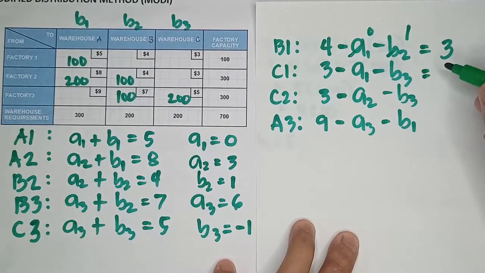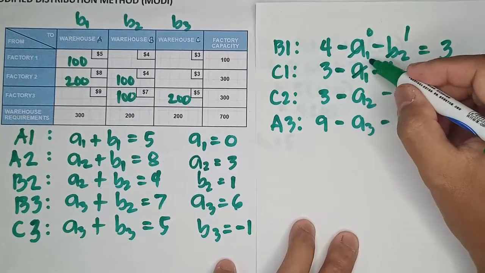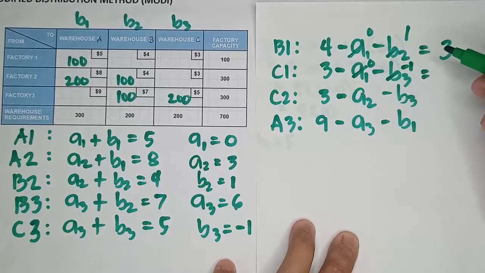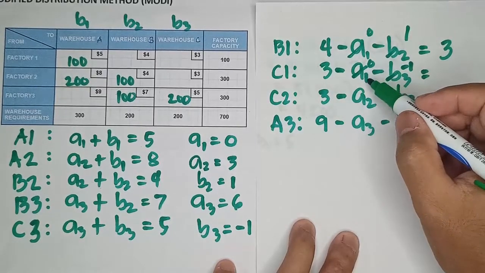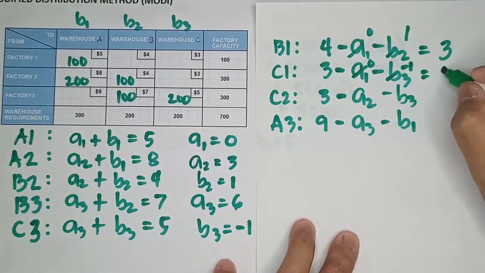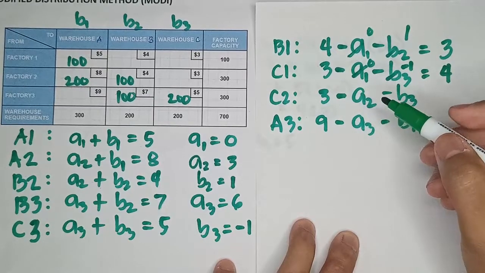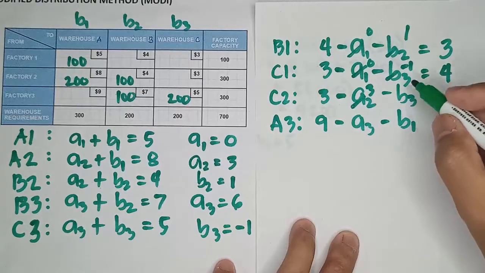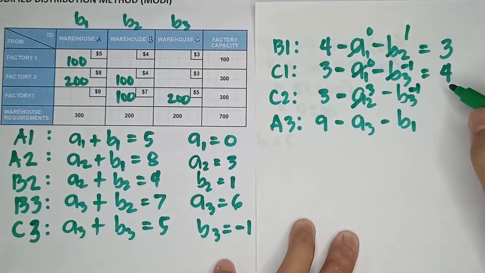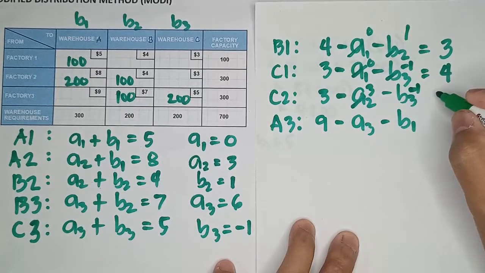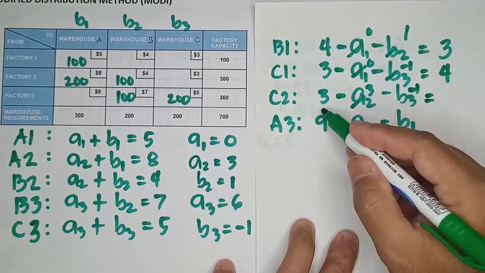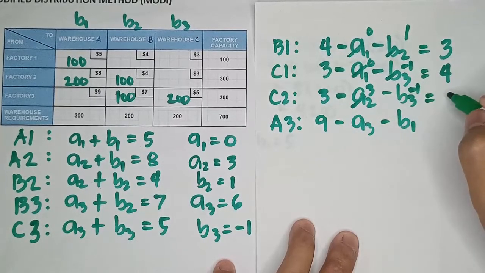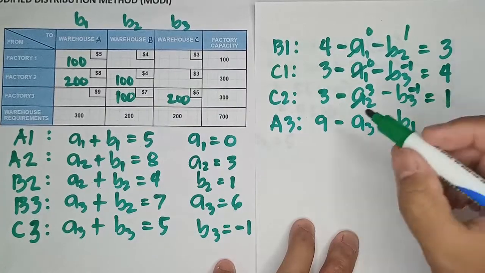For C1, A1 is equal to 0, B3 is equal to -1. Therefore, 3 minus 0 minus -1 is positive 4. For C2, A2 is equal to 3, B3 is equal to -1. Therefore, 3 minus 3 minus -1 is positive 1.